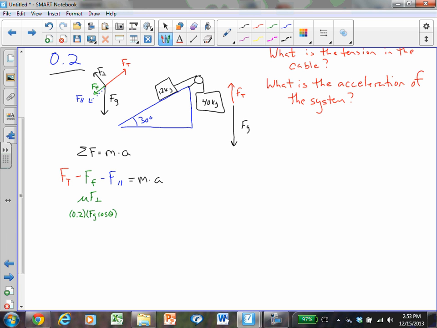So Fg would be 120 newtons because it's a 12 kilogram mass. So here we would have 0.2 times 120 newtons times the cosine of 30 degrees. If we put that into a calculator, we get 20.8 newtons out for that.